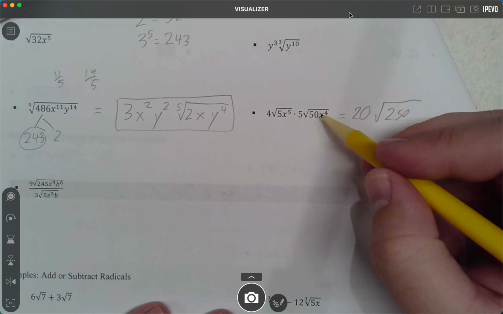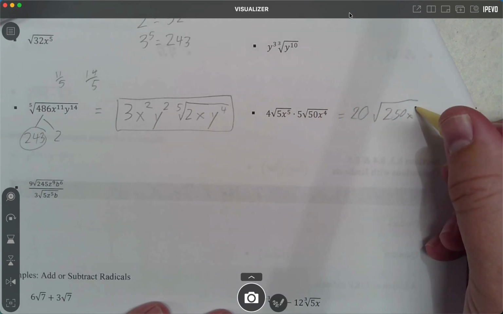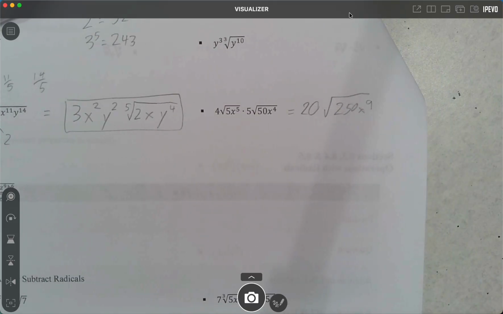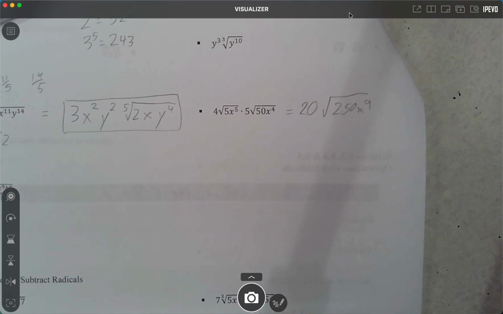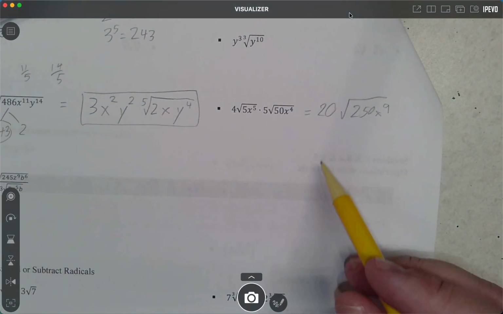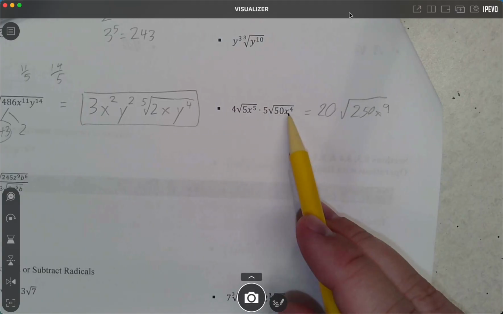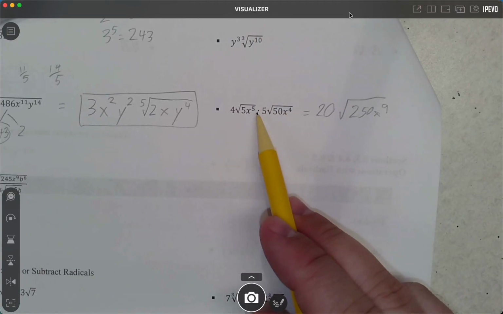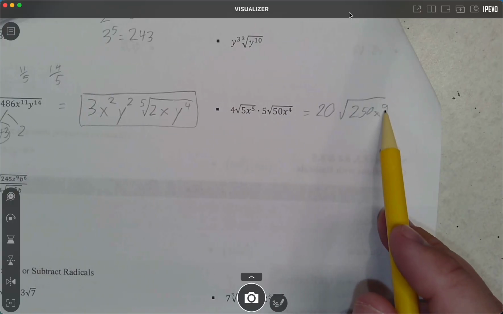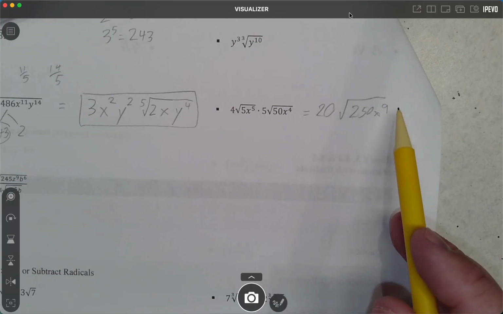And then x to the fifth times x to the fourth would be x to the ninth for everything we've said before. Anyways, so again, when our bases are multiplying, our exponents are adding. So we now have x to the ninth inside my square root.